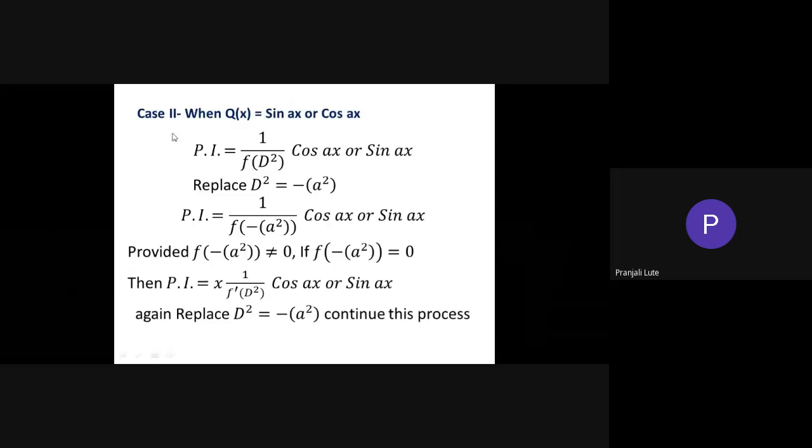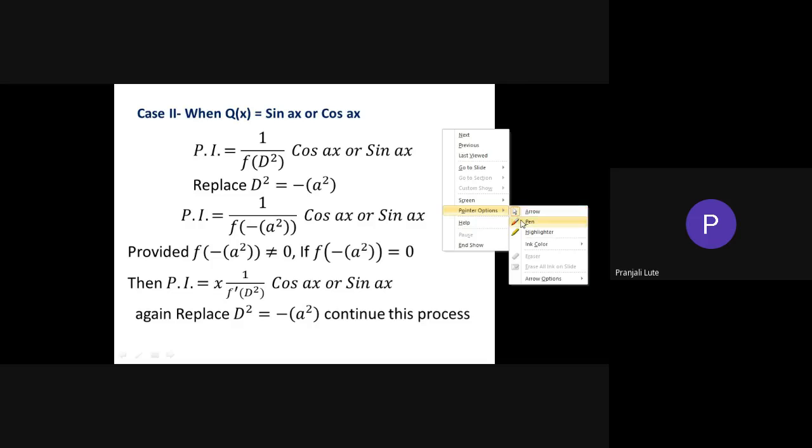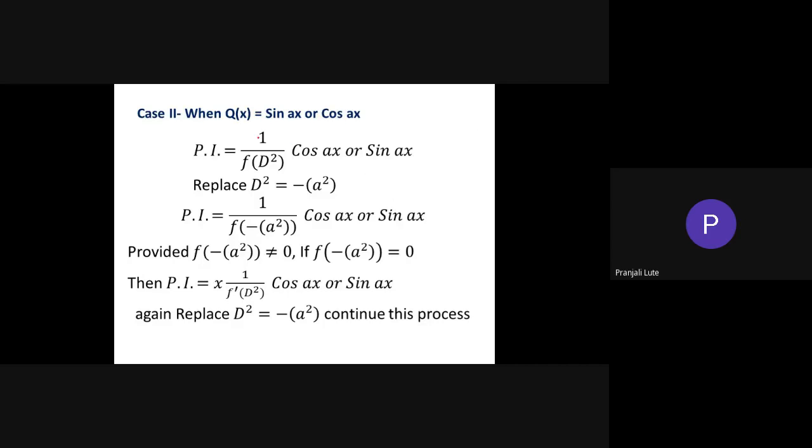Next, case number 2. When right hand side, Q of x, is sin ax or cos ax, means sin 2x, sin 4x, sin 8x and so on, how to find the particular integral of this term?